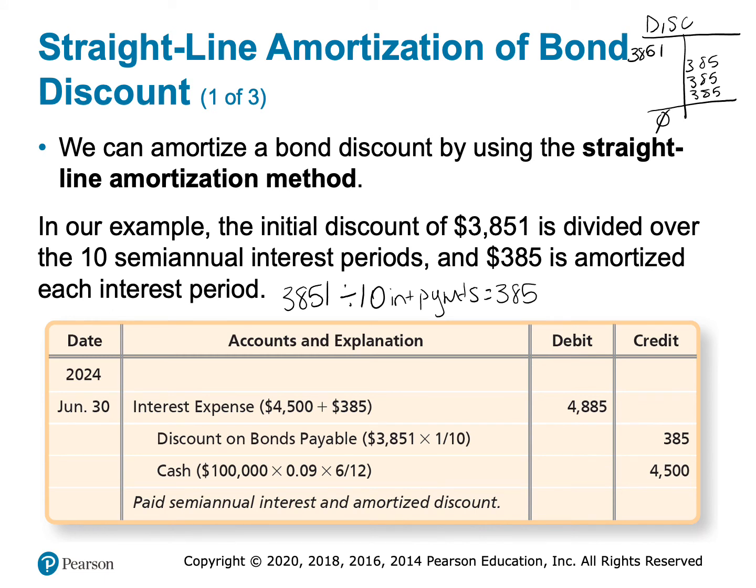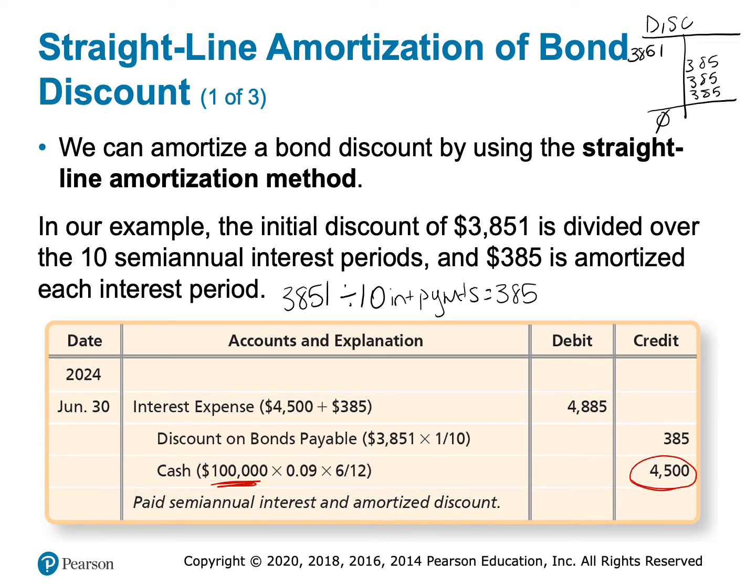So let's look at our journal entry here. Now, we've already explained that we are going to credit cash for $4,500. Notice that just because I issued the bonds at a discount, that did not change how much I have to pay for interest. Interest is calculated based on the 100,000 face value, not the selling price. So I still have to credit cash for $4,500.